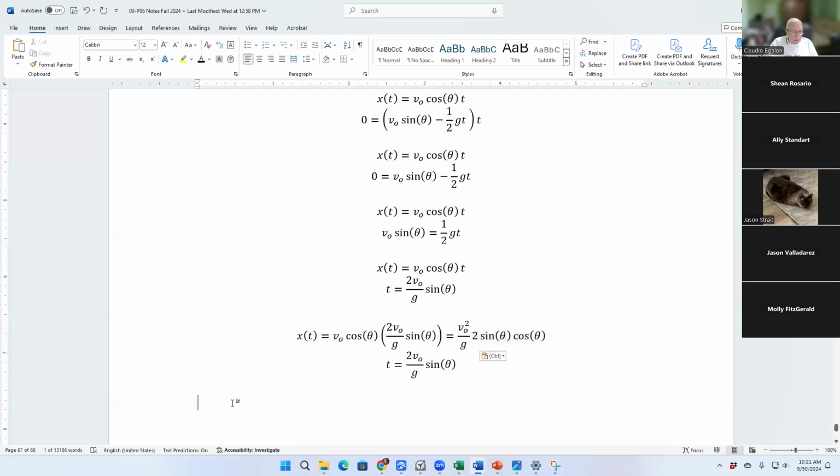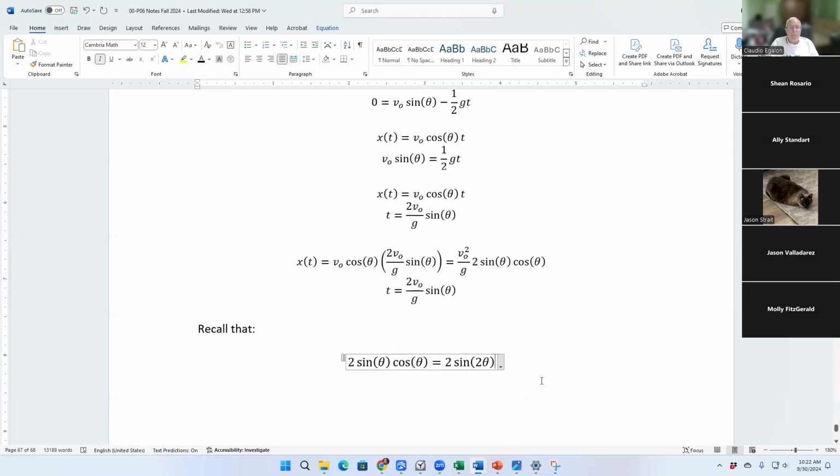Recall from your trigonometry class that this term here is going to be given by 2 sine of 2 theta. Okay? Remember that? And here you go.